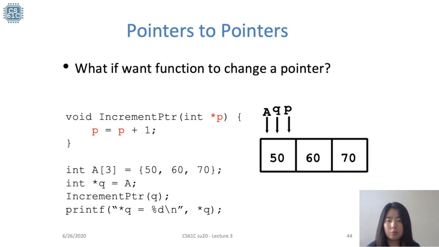Then when we do P equal P plus 1, we're moving P to the next element, but Q remains the same. That's why when we do printf dereference Q, it will actually still be 50.